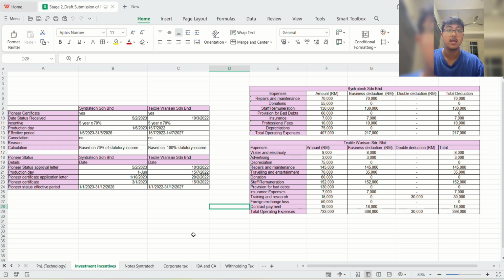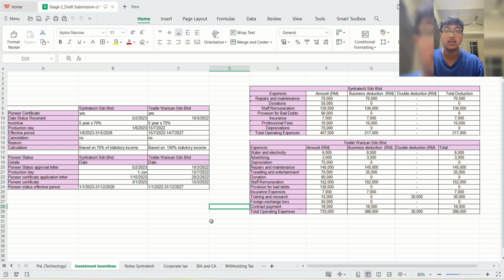However, Sintratech did not claim any double deductions, possibly due to the nature of their expenses not qualifying under approved incentive programs such as training, R&D or export promotion schemes. This means Sintratech only benefits from its 70% tax exemption on statutory income without further leveraging additional tax-saving avenues that could have increased their overall deductions.